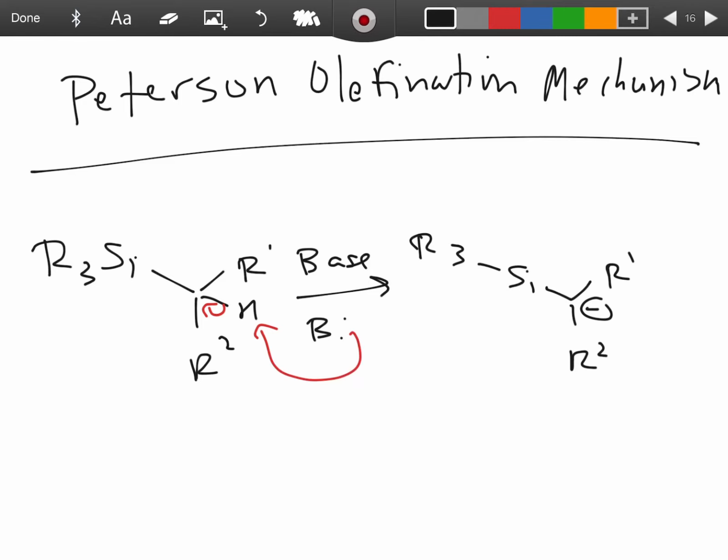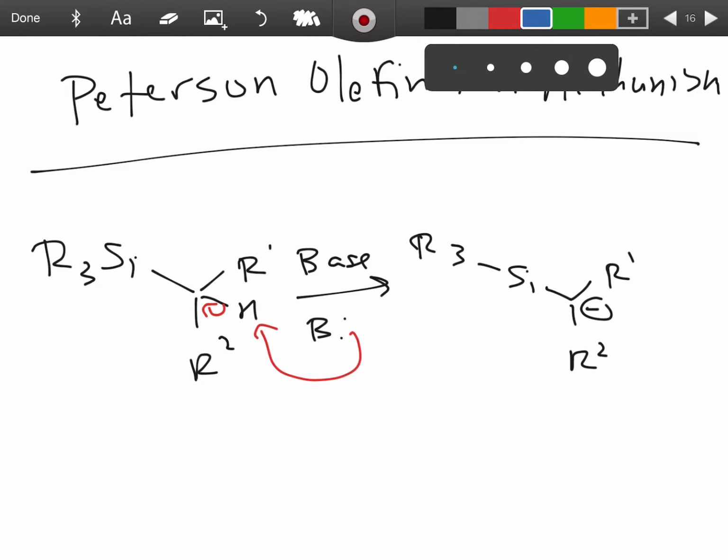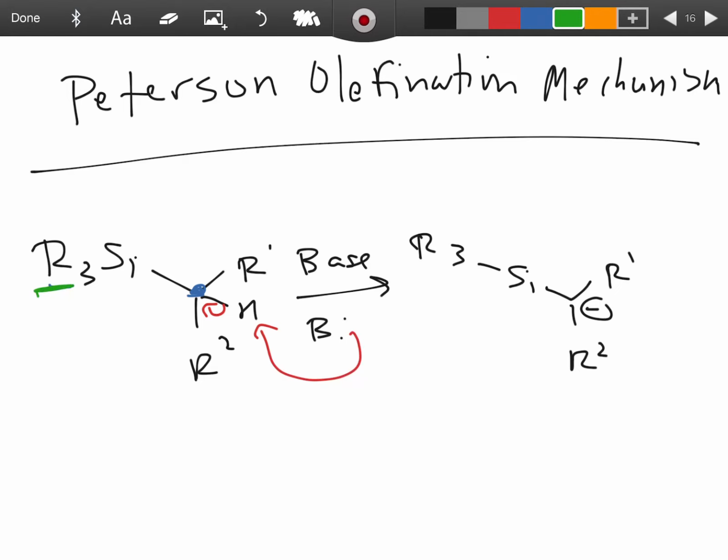Now we have to do something to differentiate this carbon right here from these carbons here.